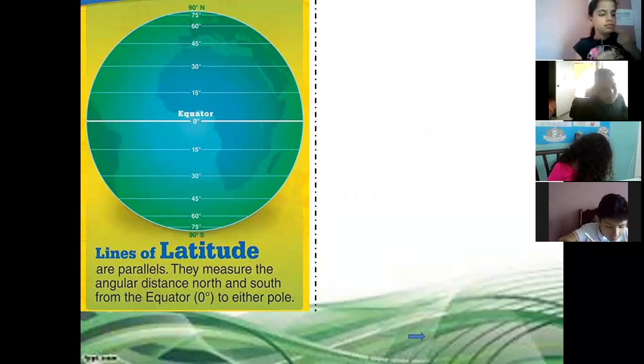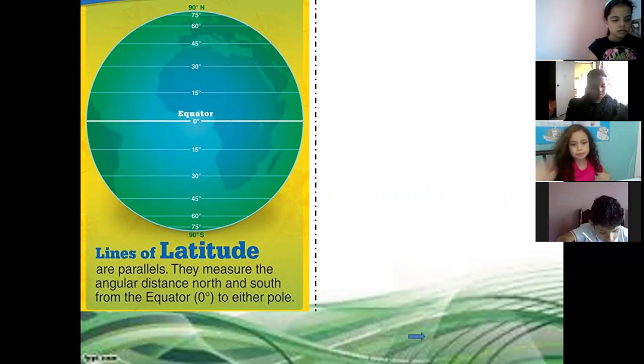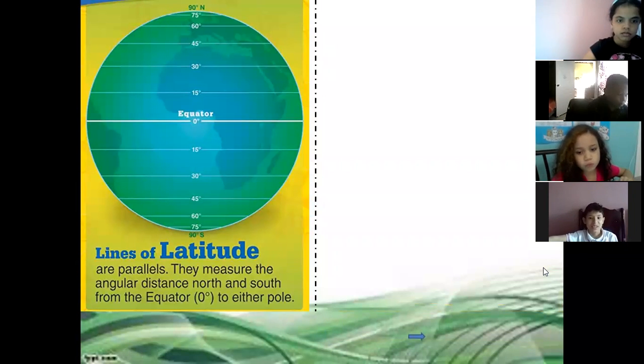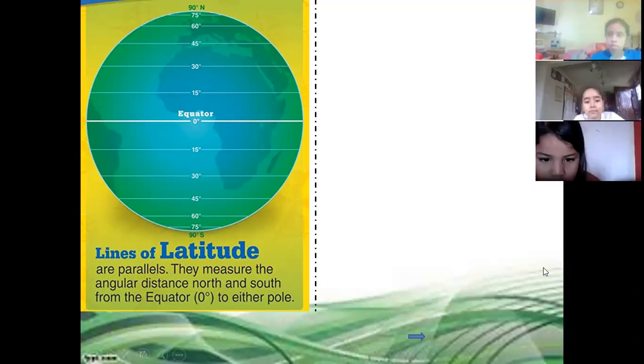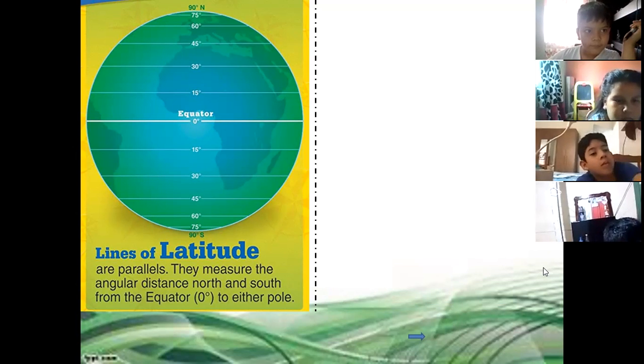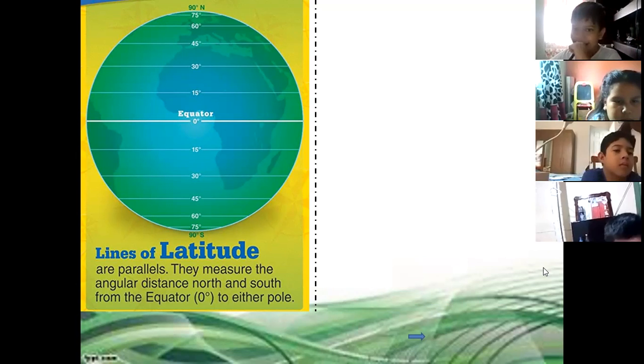Make the drawing and copy the information. The circle doesn't have to be so big. What I want is that you understand that lines of latitude run from left to right or from right to left. So draw a circle.